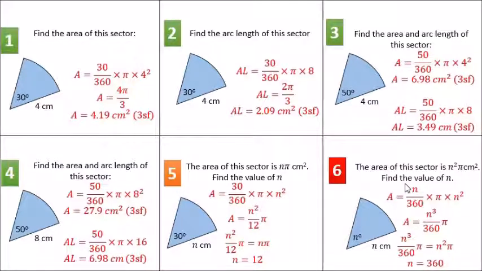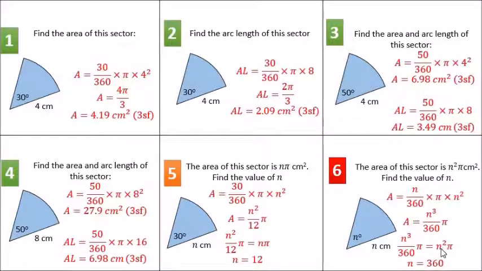Question 6, the area of this sector is n squared pi. We have to find the value of n. So if the area is n squared pi and the angle at the centre is n and the radius is n, we have n/360ths of the circle multiplied by pi times n squared, because n is the radius, which gives us n cubed over 360 pi.